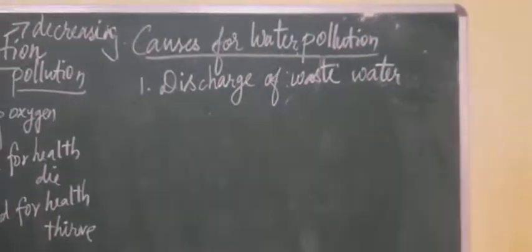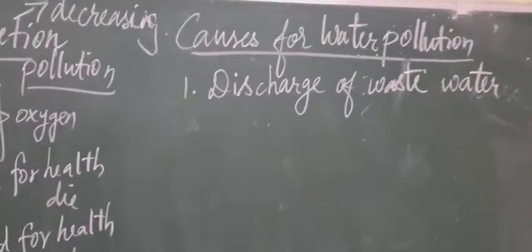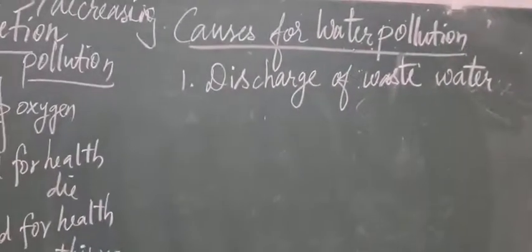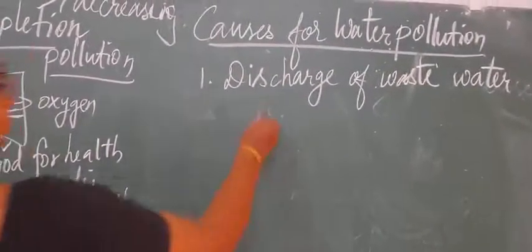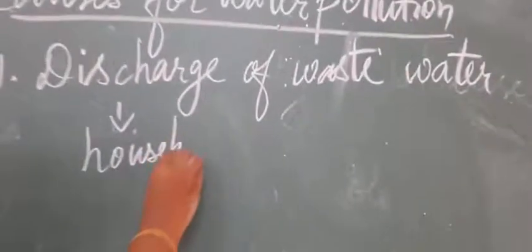Sewage, garbage and liquid waste of households, agricultural runoff and effluents from factories are discharged. Already I told, isn't it? Even from the household we are discharging some unwanted waste water.